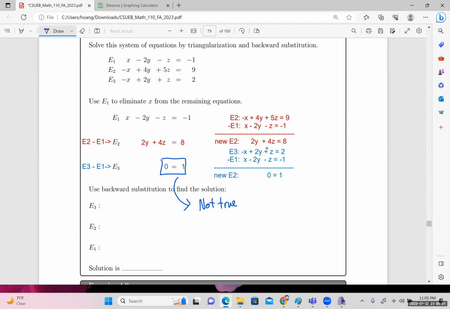So then we're going to say no solution, and we can say it is inconsistent. Okay, so this will be the answer for this part. Okay.